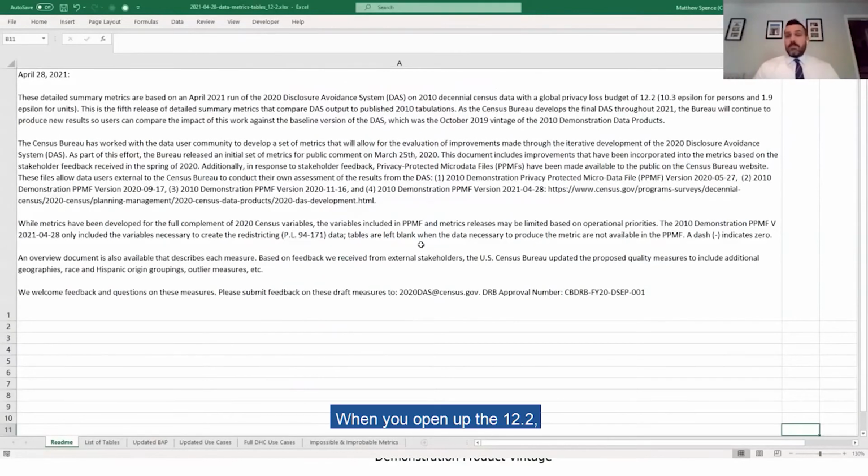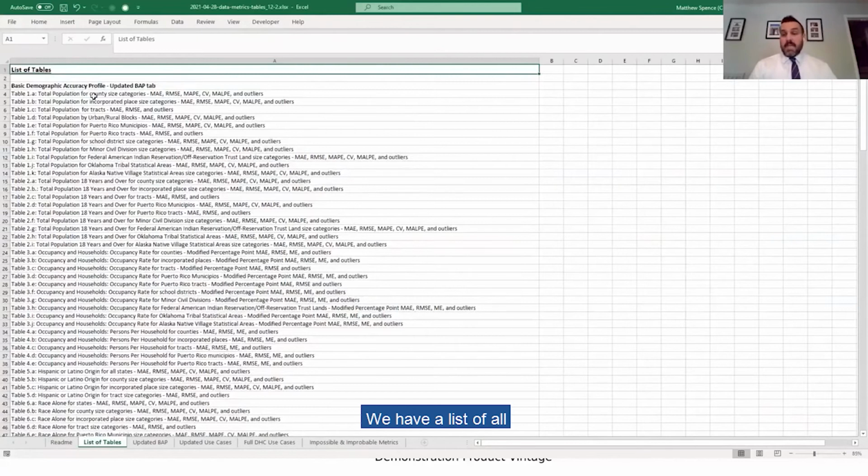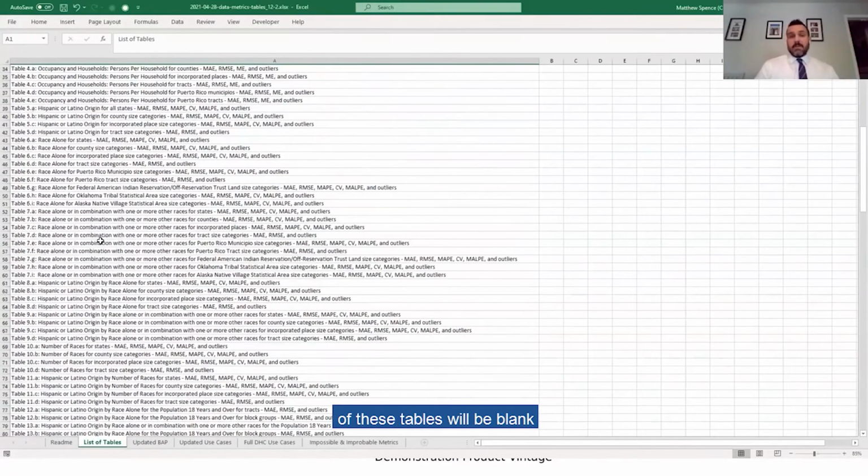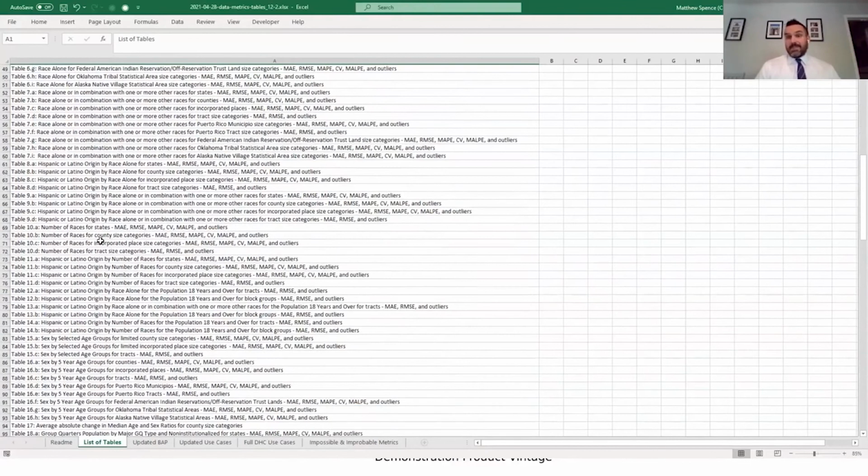When you open up the 12.2, you can see a README file. This discusses some of the improvements that have been made. We have a list of all of the tables that are included as part of these summary metrics. There's a caveat here in that some of these tables will be blank because we simply don't have the data yet to publish. One example is single year of age or sex.